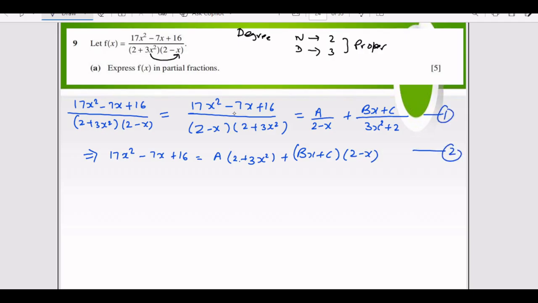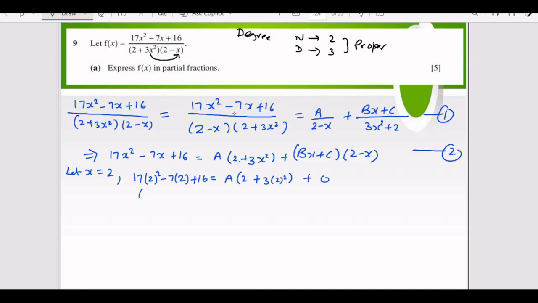Now we will find the values. Let's say x is 2. When x is 2, the second term goes to 0. Then this is going to become 17 times 2 squared minus 7 times 2 plus 16 equals A times (2 plus 3 times 2 squared) plus 0.